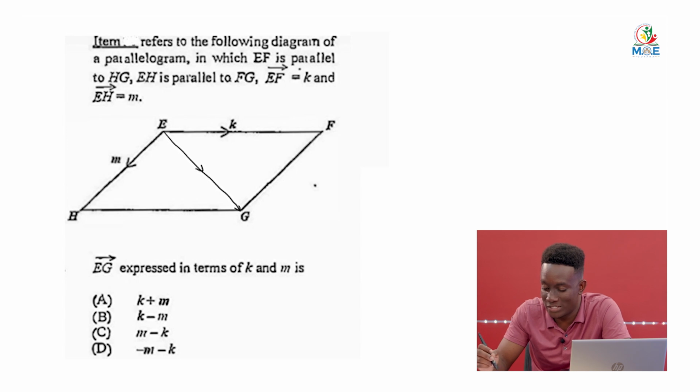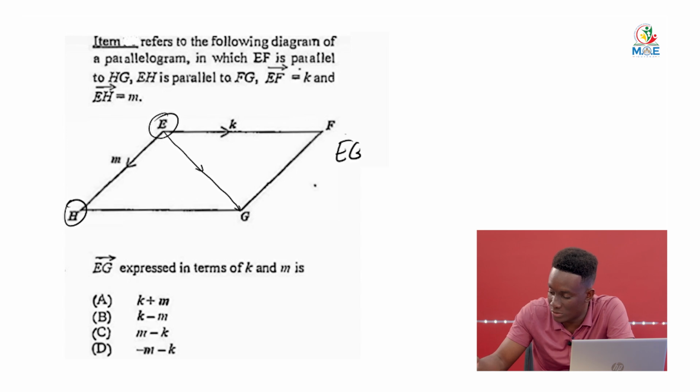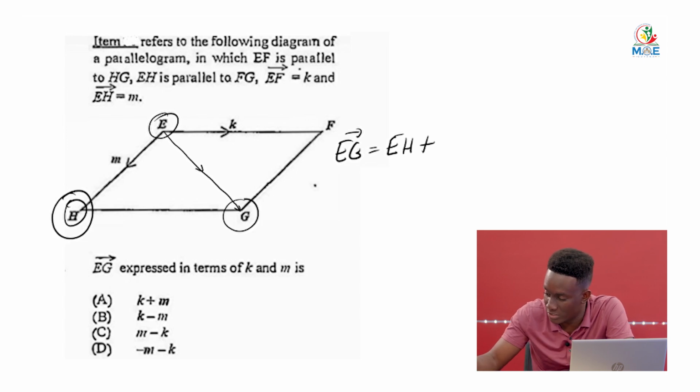So to get from E to G, we can move from E to H. So we can say the vector EG is equal to EH, and then from H we can go to G, so HG. But they don't want it in terms of H and E and so on.